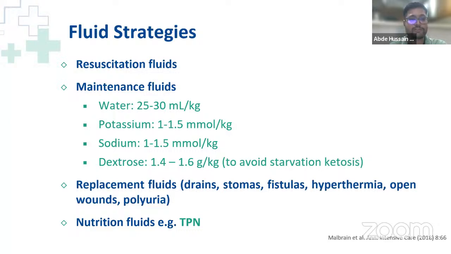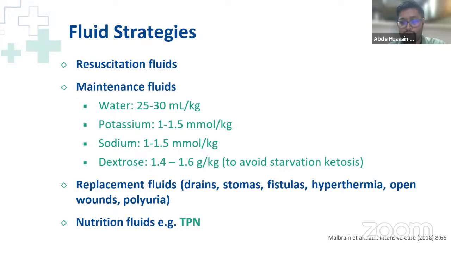Now, the fluid strategies that are implemented are further. First, we saw the resuscitation fluids, then comes the maintenance fluids that are required. On a daily basis, water is required in the range of 25 to 30 ml per kg in 24 hours, potassium 1 to 1.5 mmol per kg, sodium 1 to 1.5 mmol per kg, dextrose 1.4 to 1.6 gram per kg to avoid starvation ketosis.